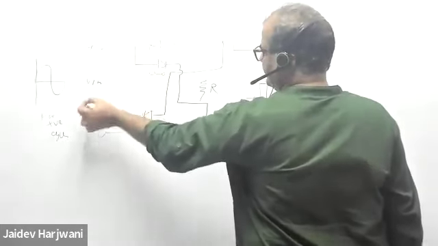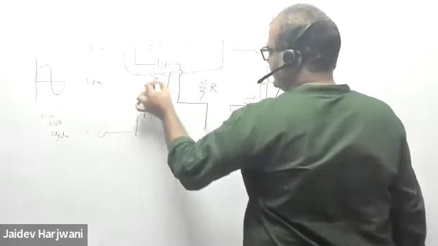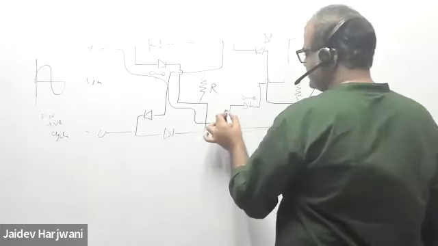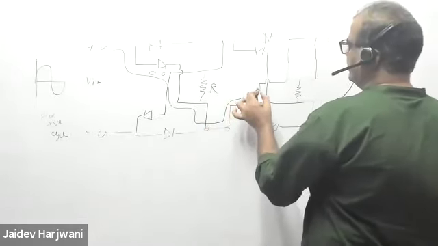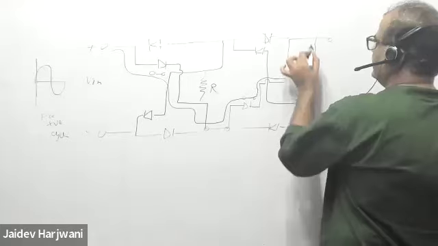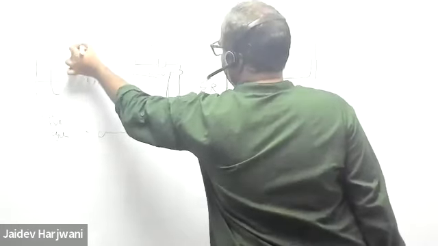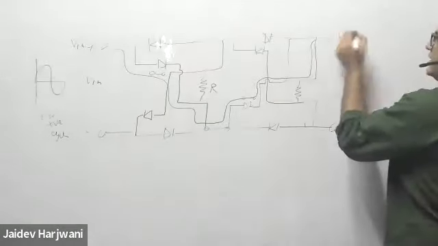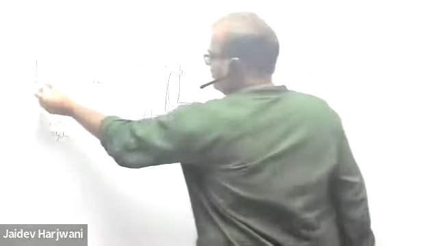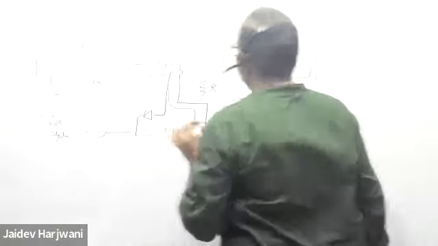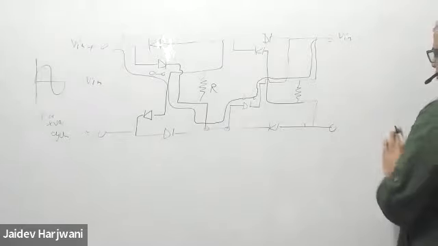If it is a positive cycle, my current will flow like this without any loss, and it will go to here, to here, to here. So whatever value is here in V input, the same value will come here. Say it is 0, 1, 2, 3, 4, 5; here it will also come 0, 1, 2, 3, 4, 5.